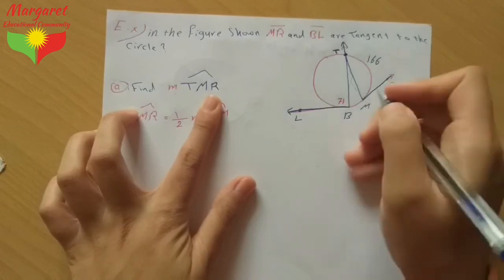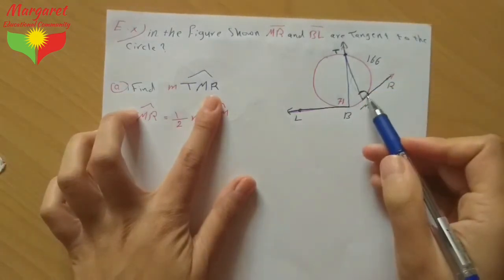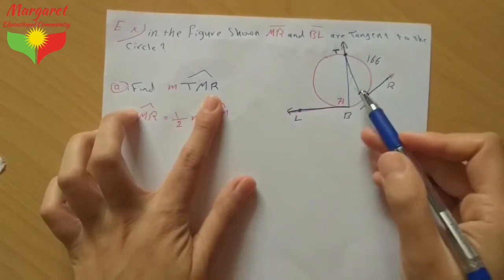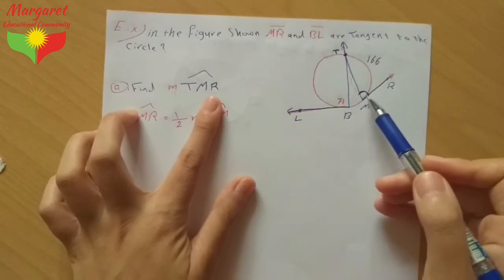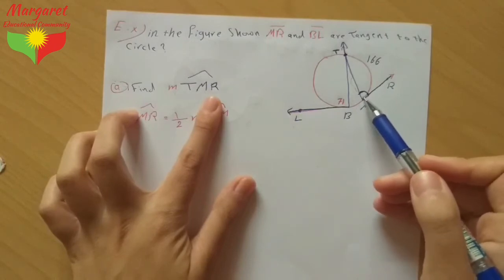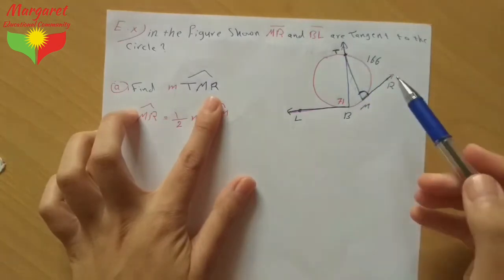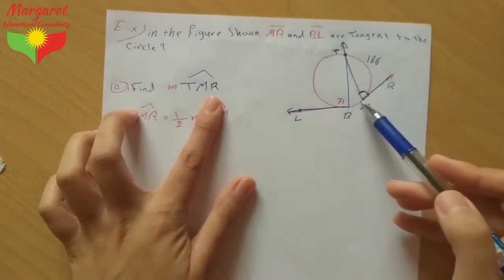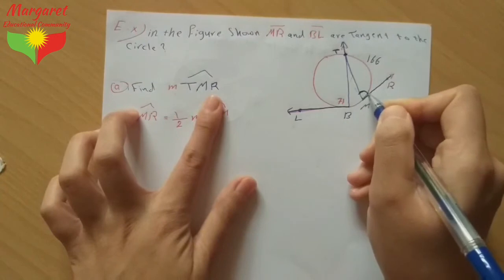It means you must find the measure of this angle, the measure of angle M. Look, which type of angle is it? It is a tangential angle. Why? Because this angle is made by intersecting the tangent line and the secant of the circle at the point of tangency. So this angle is called a tangential angle.